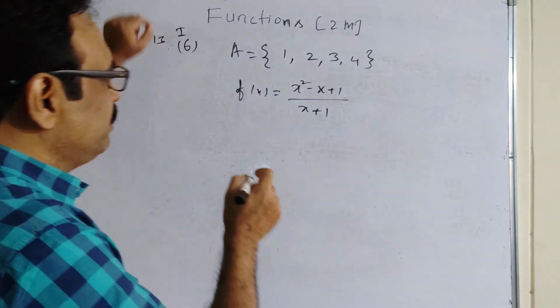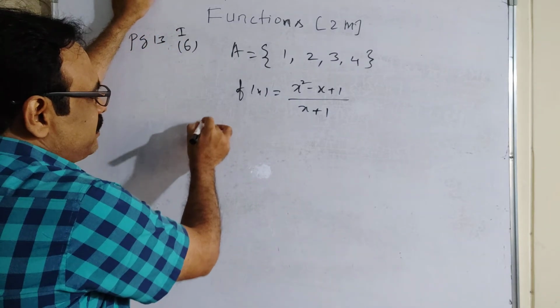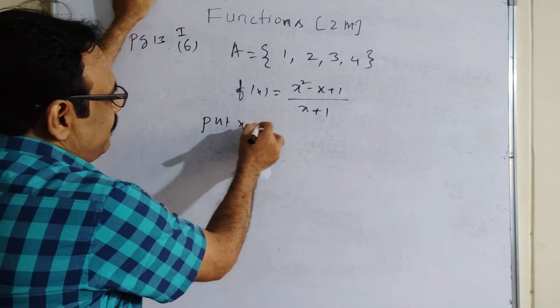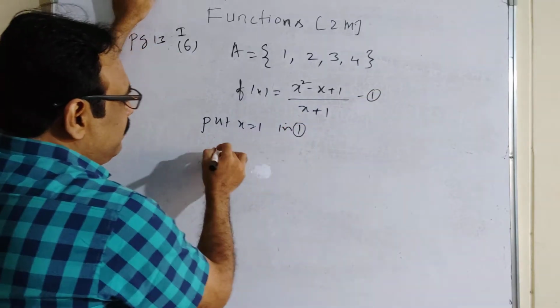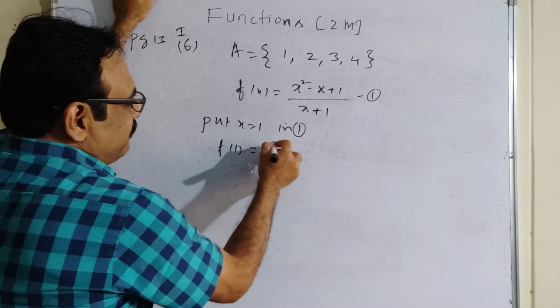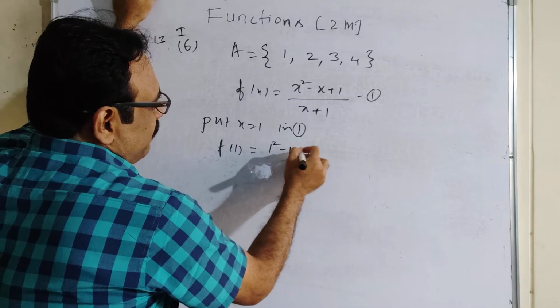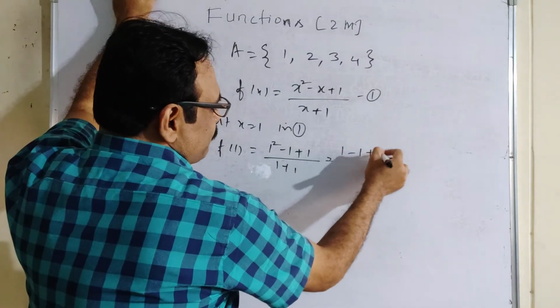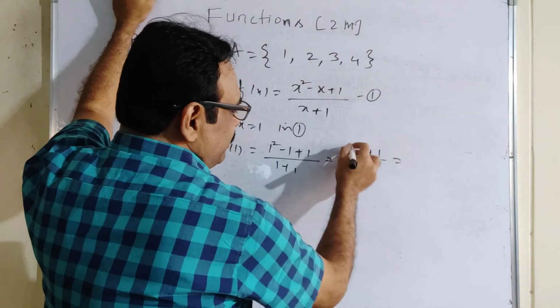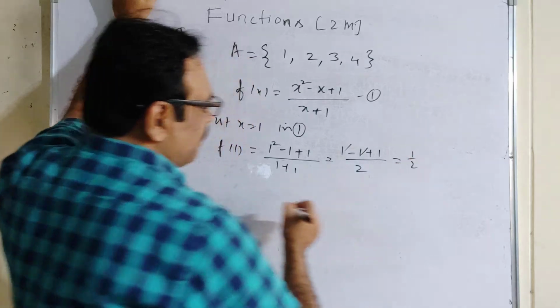Now here what we need to do is put x = 1 in result 1. I'll write this as f(1) = (1² - 1 + 1)/(1 + 1). So 1 minus 1 plus 1 over 2, you are getting 1/2.